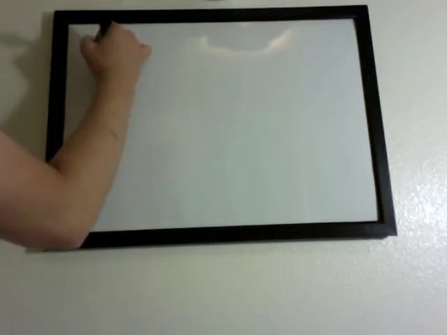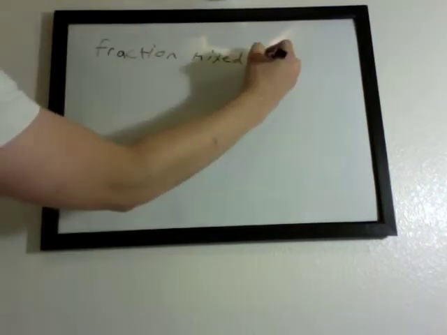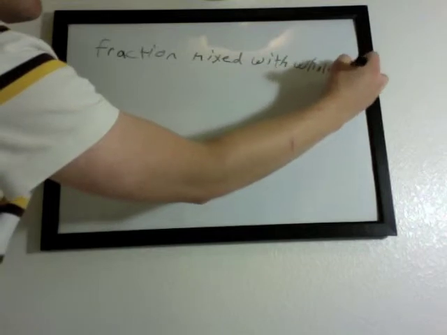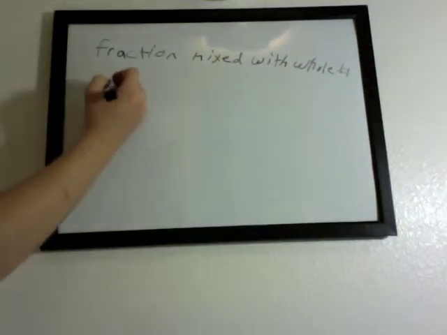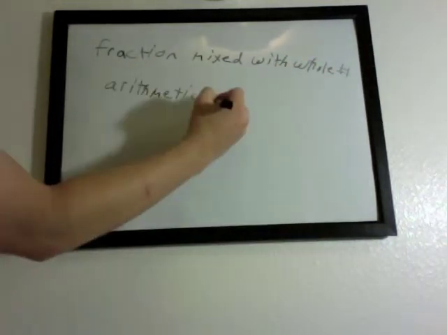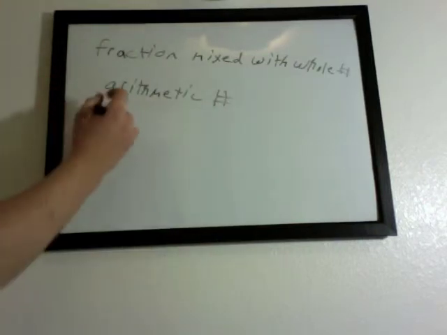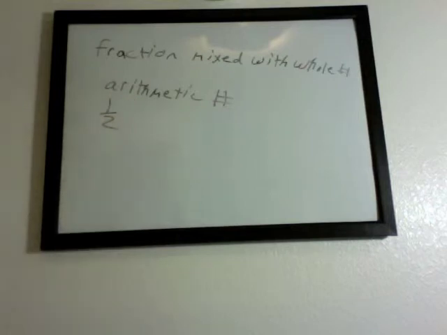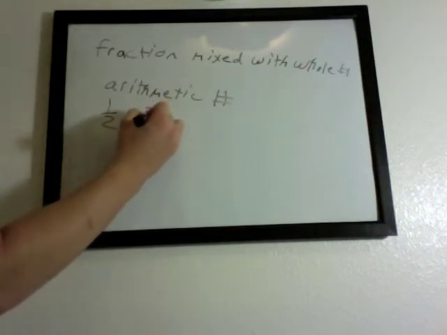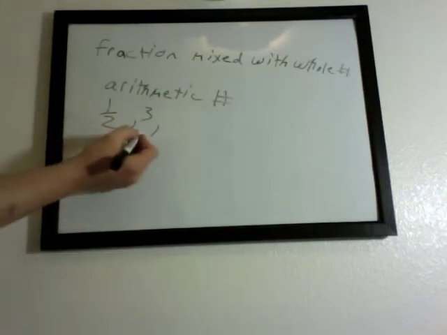Let's go over another definition. A fraction mixed with a whole number are called arithmetic numbers. So fractions mixed with whole numbers. These are called arithmetic numbers. This sign just means number. An example would be 1/2, or I would say 3. So we know this is a fraction, that's a whole number.